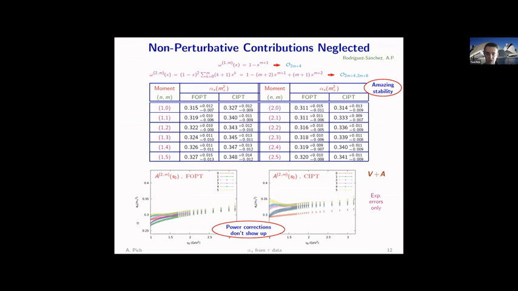When you go to low values of s0, you should see that each color, which corresponds to a different pinch factor, a different weight factor, should blow up with a different power of 1 over s0. And this does not happen. This just means that the non-perturbative corrections that you are missing are really very small. Okay? But these are only plots that illustrate what is going on. None of these exercises has been used to fit alpha s and to give the final result for alpha s.